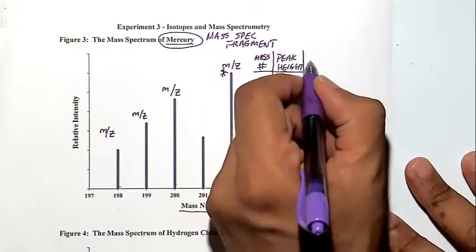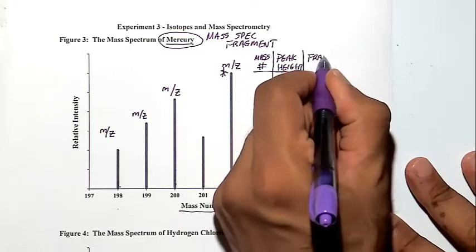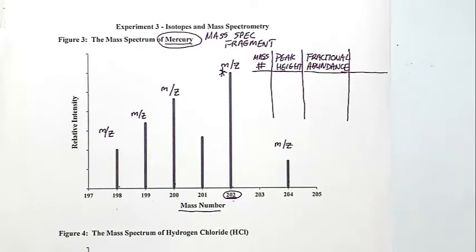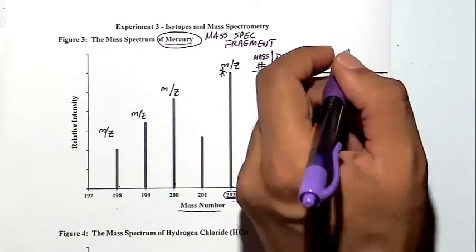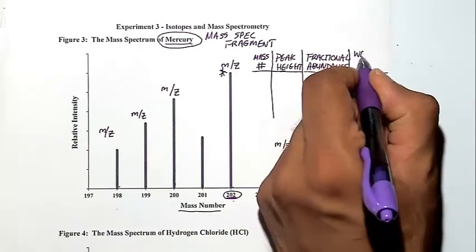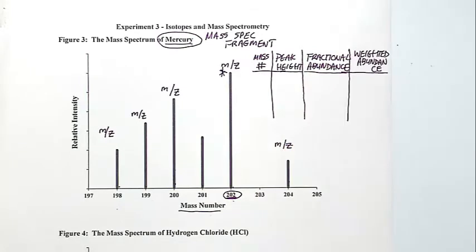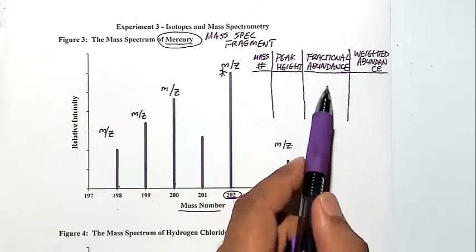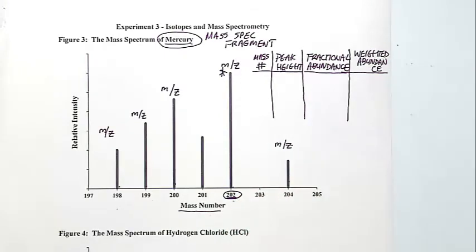And then here I'll have a third column, and I'll call that the fractional abundance. And then my fourth and final column in this table would be my weighted abundance. So I'll have my mass number, my peak height, which is the measurement of the height of that peak, its fractional abundance, and then the weighted abundance.